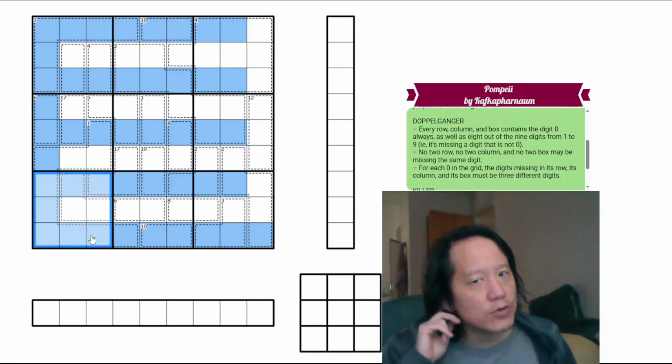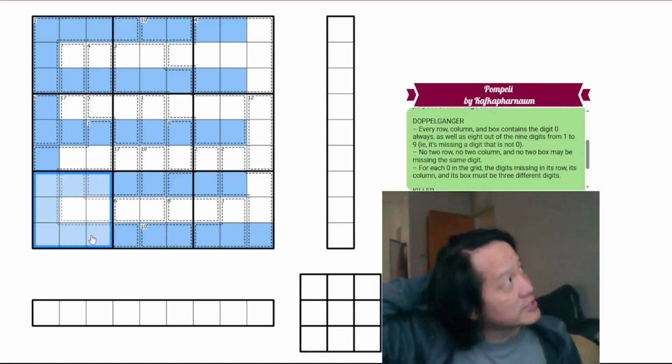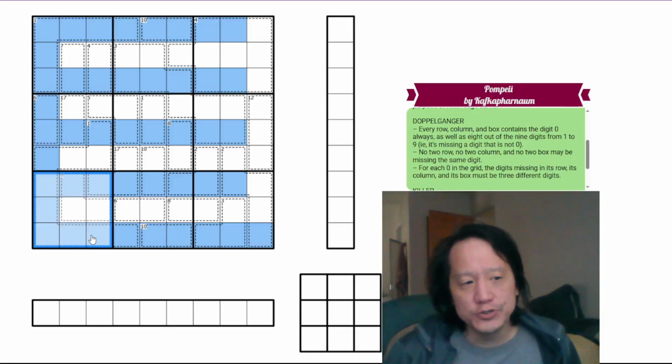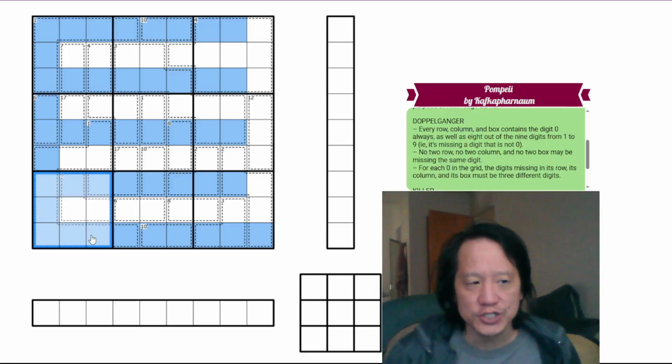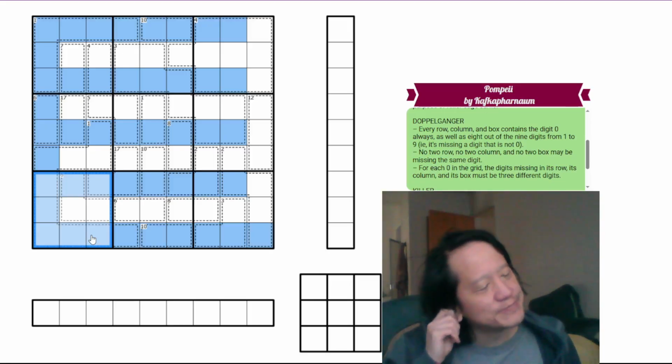So every row, column, and box contains, so how would I put this? In every cell in the grid, place a single digit from 0 through 9, such that every row, column, and box contains the digits 0 and 8 out of the 9 digits.